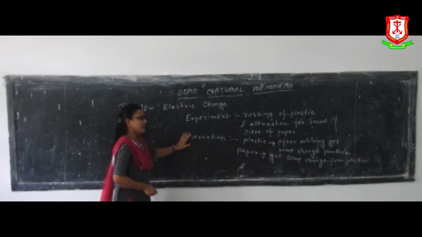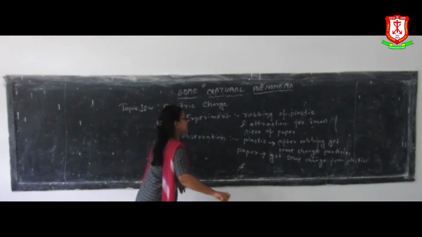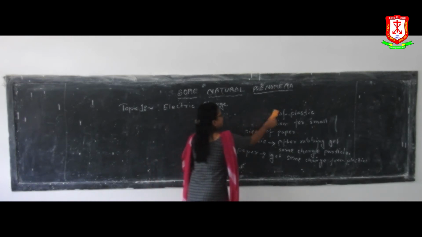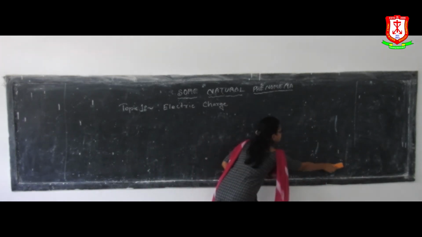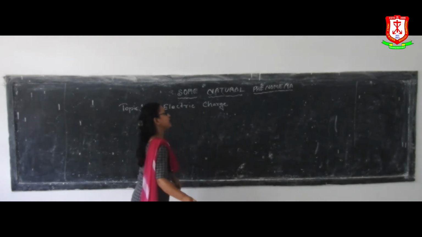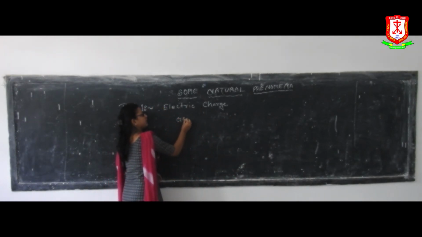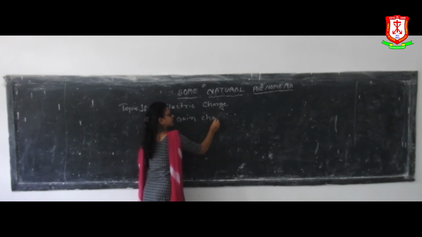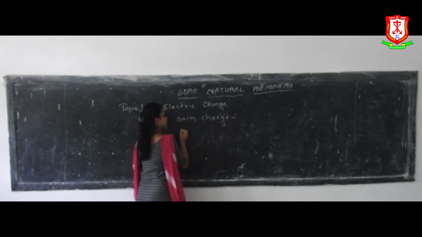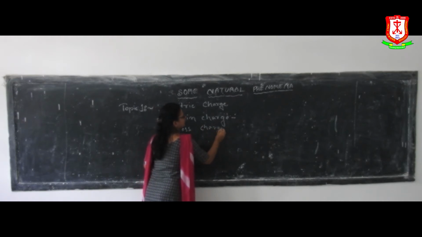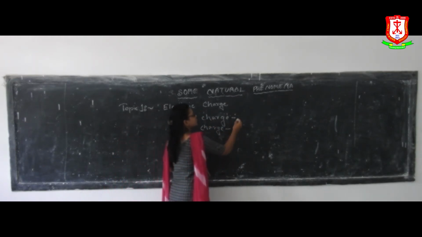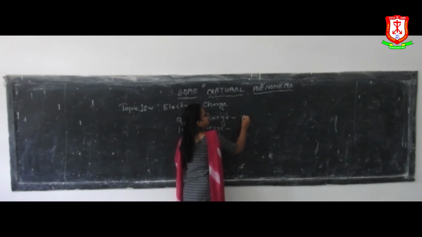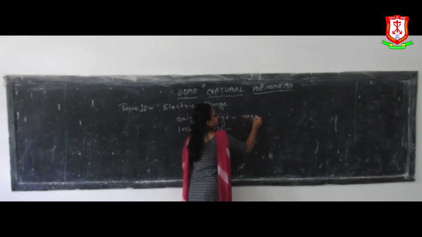So that was our experiment and the observation. Let's discuss the electric charges. What we understand is that one object gains some electrons, gains charge, and another one loses some charge. Gaining charge means excess charge, and excess charge means it has negative charge.